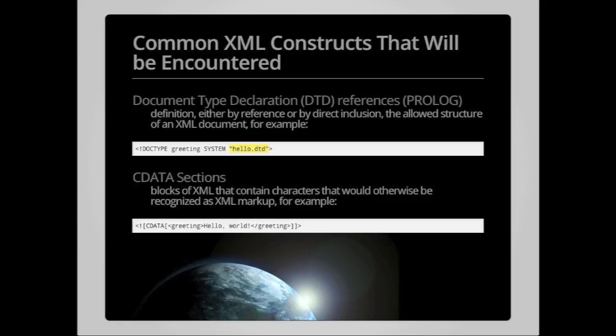A common scenario for that is when you're using bracketed text or brackets in general as a part of the content that is going into your document. The way you can separate or define that content that you want the XML to essentially ignore as far as markup or structure is concerned is to surround it within these CDATA tags here, which you see.